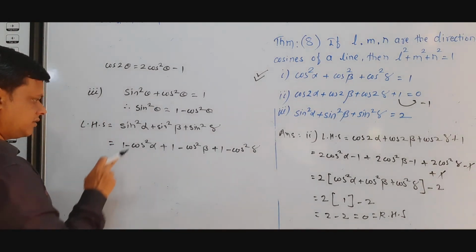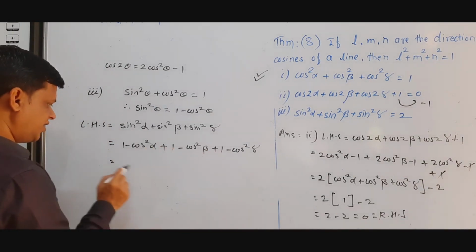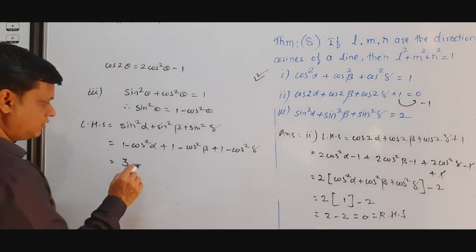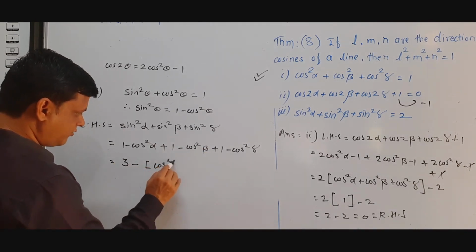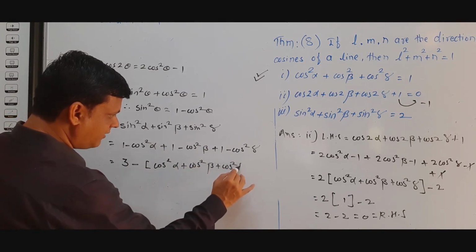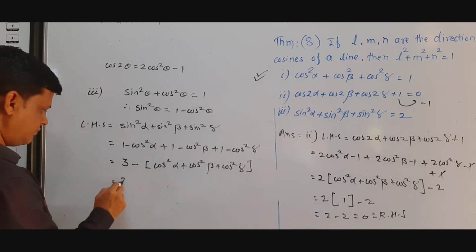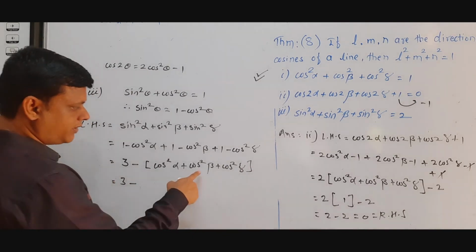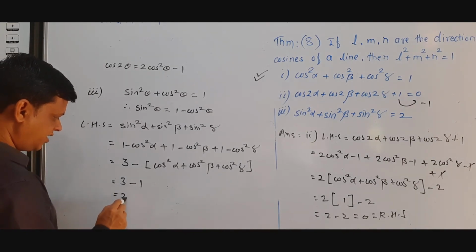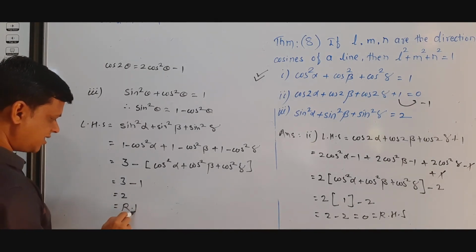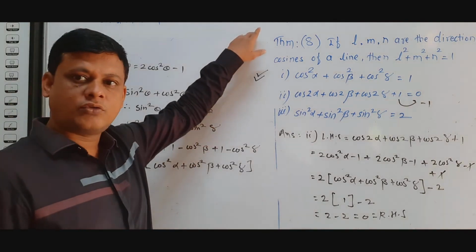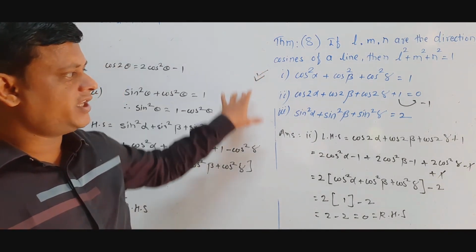Now we add first 1 plus 1 plus 1 which is 3, and take the minus sign common from cos square. So we write here cos square alpha plus cos square beta plus cos square gamma. Cos square alpha plus cos square beta plus cos square gamma is 1. So we write here 3 minus 1 which is equal to 2, which is the RHS. So in this way questions are asked on this theorem.